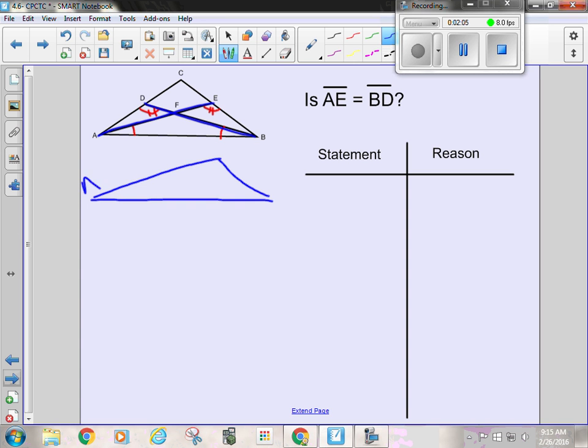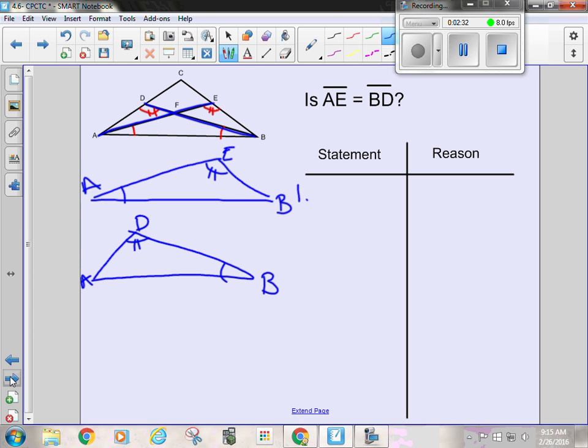We have A, E, and B. Okay, and I'm adding in my markings. And then I have A and D, and B also. So A and B are used for both of them. We have angle marking and angle marking. So I see two angles that are marked as congruent, so those are my givens.